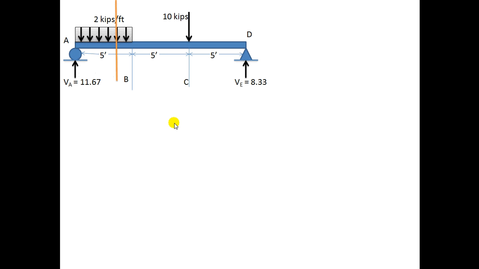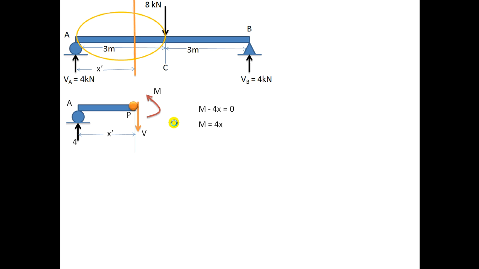And here only one concentrated load is acting over the beam, so I will make only one equation for this region. If I have a concern for another region, I will make a separate equation for that region.